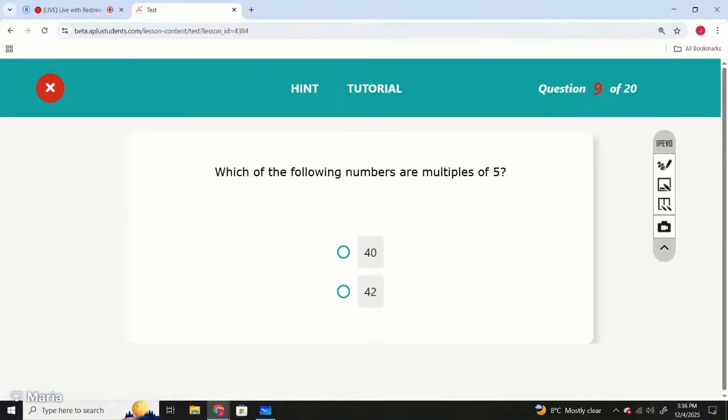Which of the following numbers are multiples of 5? 48, option number 1 is the correct option. Which of the following are multiples of 6? The multiples of 6 are 60. Option number 2 is the correct option.